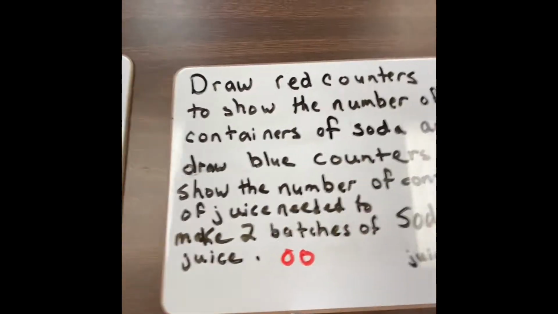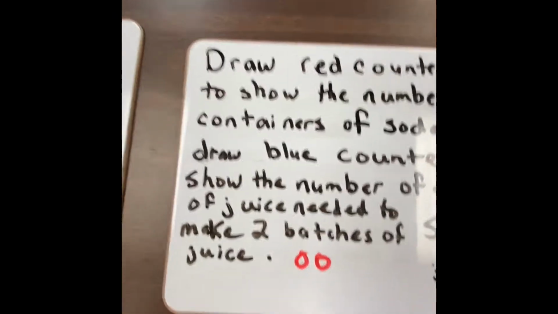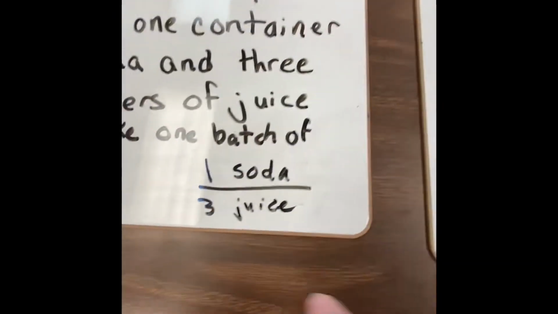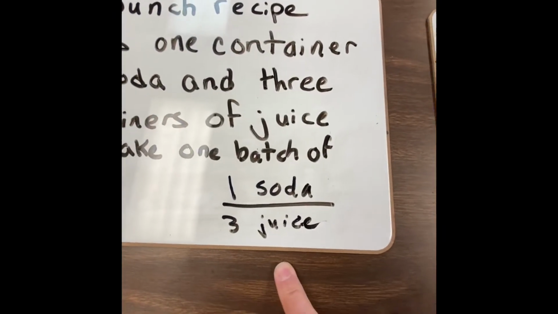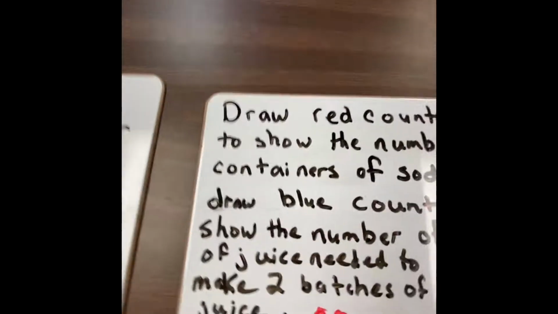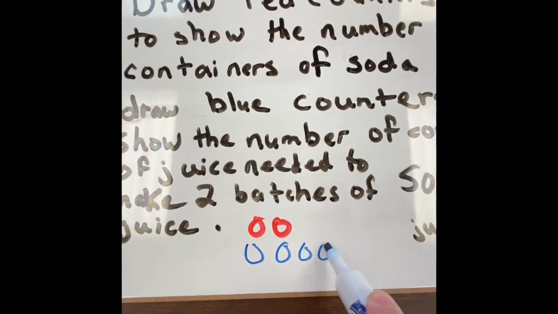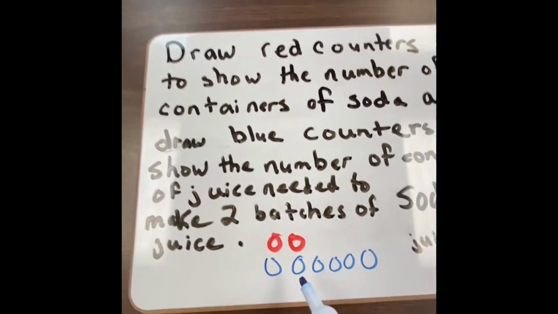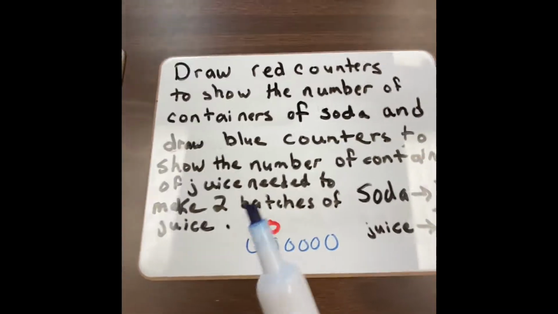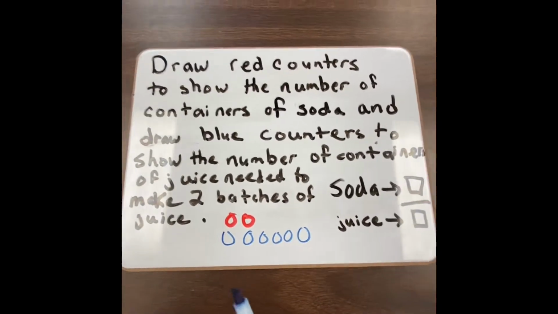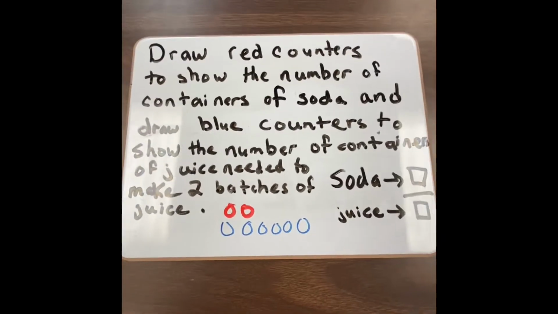Then, if we're making that same 2 batches, how many juices? If we needed 3 juices for 1 batch, we're going to need 6 juices for 2 batches of punch. So now, let's look at it.